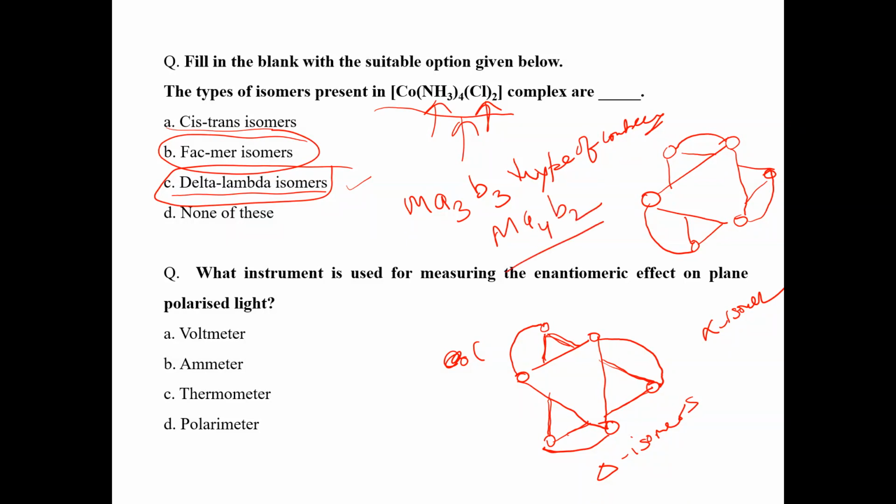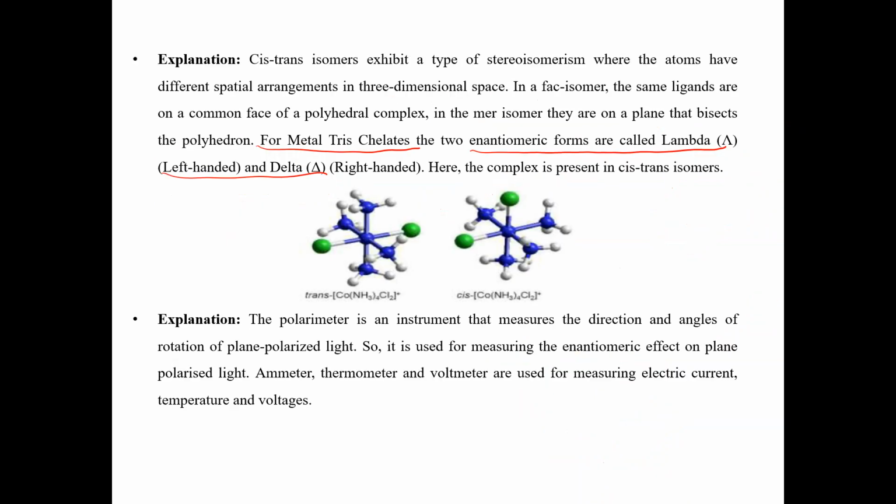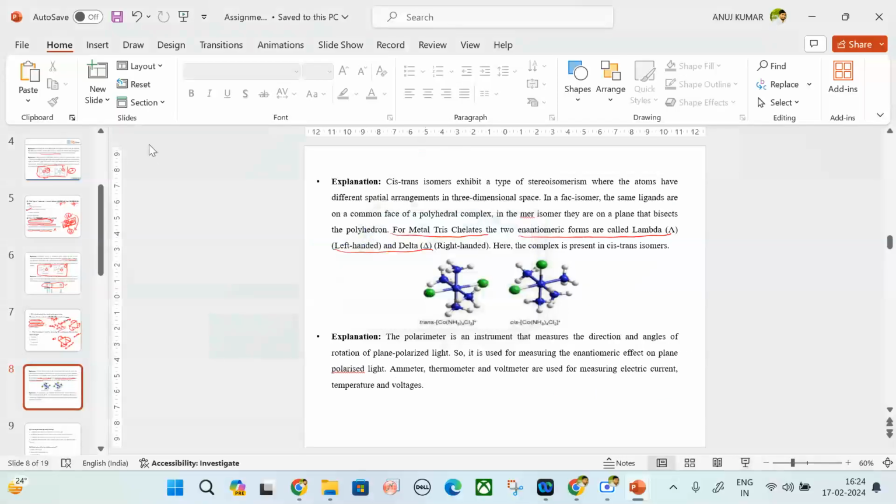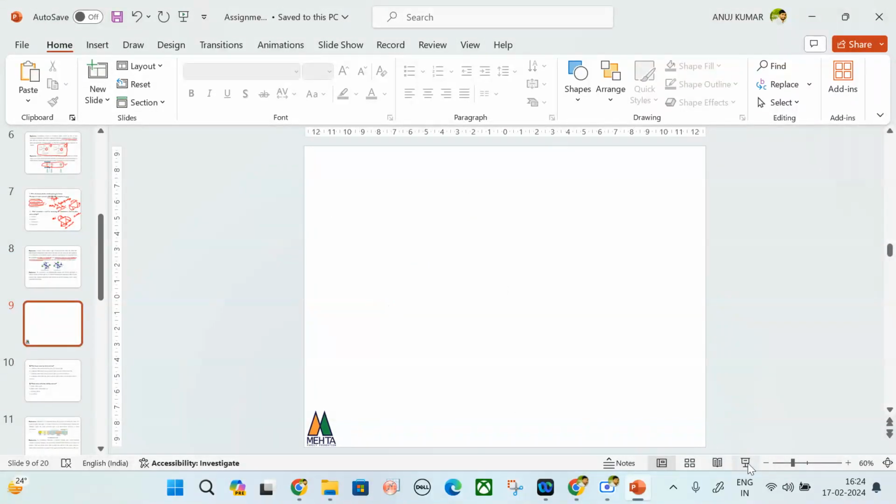Ma4B2, right? So if I talk about the facial and meridional isomer, let me insert here a blank slide. So in case of Ma3B3 type of complexes, there are octahedral complexes, right?